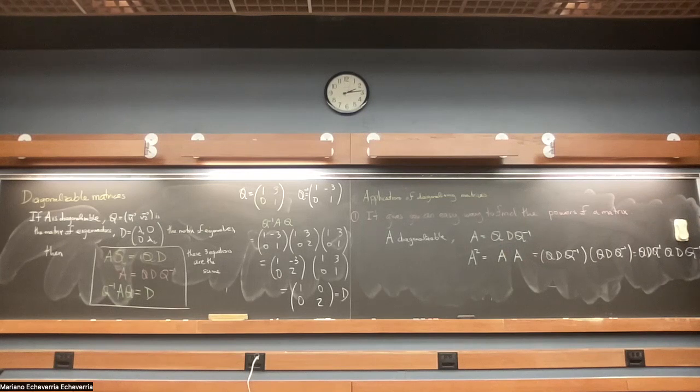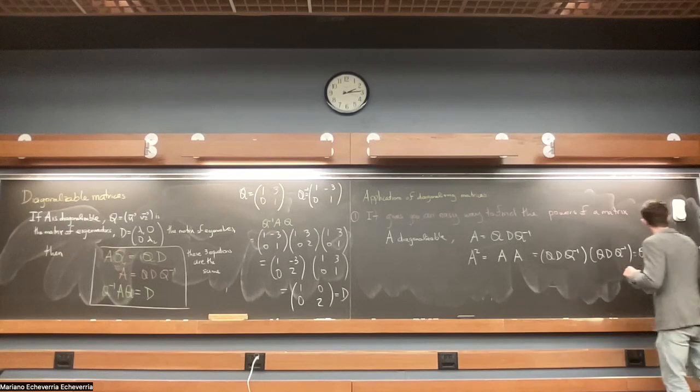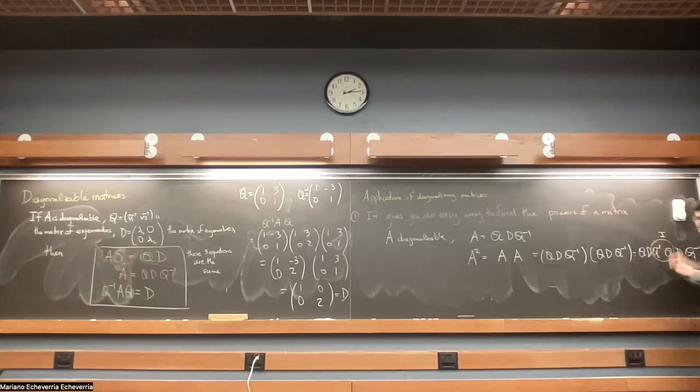Which doesn't seem that useful, but it's actually a lot easier. Why? Because there's something I can use here to simplify it. Q inverse times Q is just the identity, so this Q inverse goes away. This gives you Q, and then D times D, that's D squared, then Q inverse.